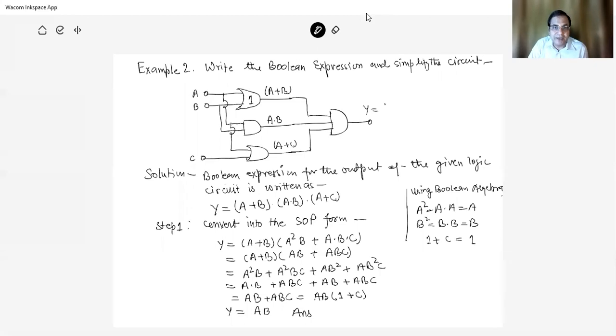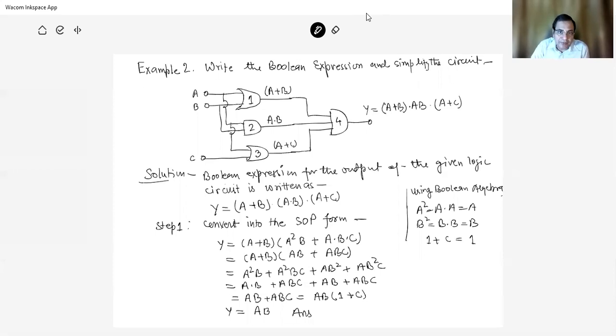Here it is AB with the AND gate, and this one is A C with the OR gate. These three inputs go to the final AND gate. So the output is (A plus B) into AB into (A plus C).